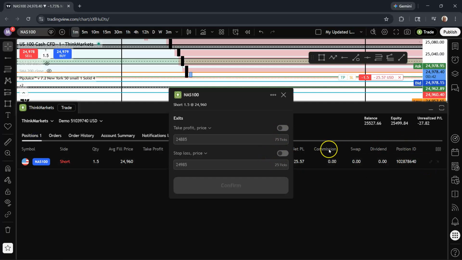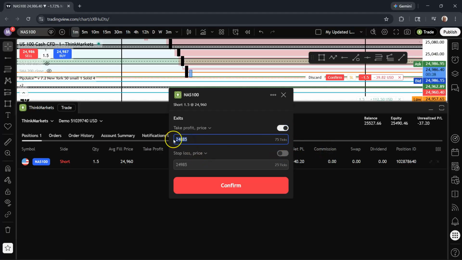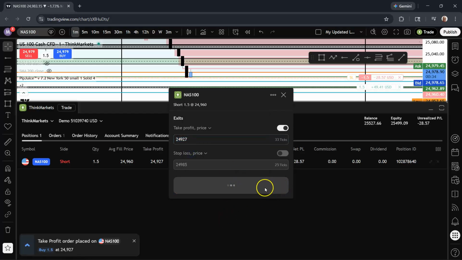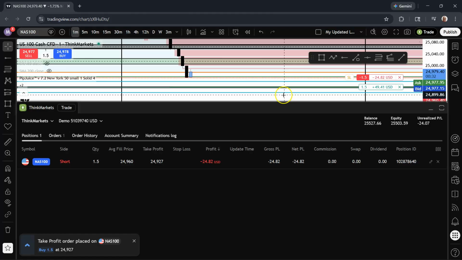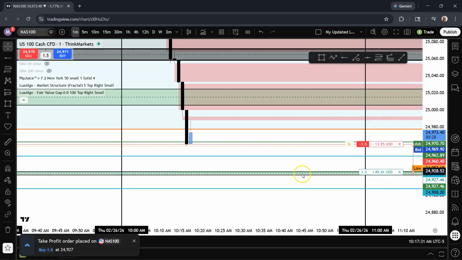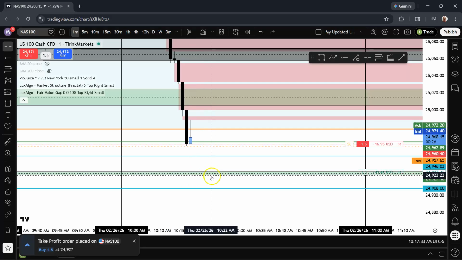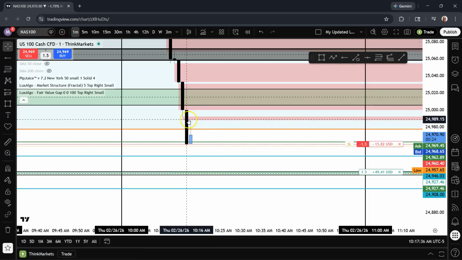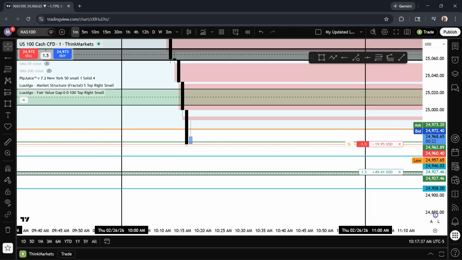Negative $28. Let's see, take profit 2. Confirm. Which is $49 if it comes down to take profit 2. As you can see, it just bounced off this fair value gap right there.